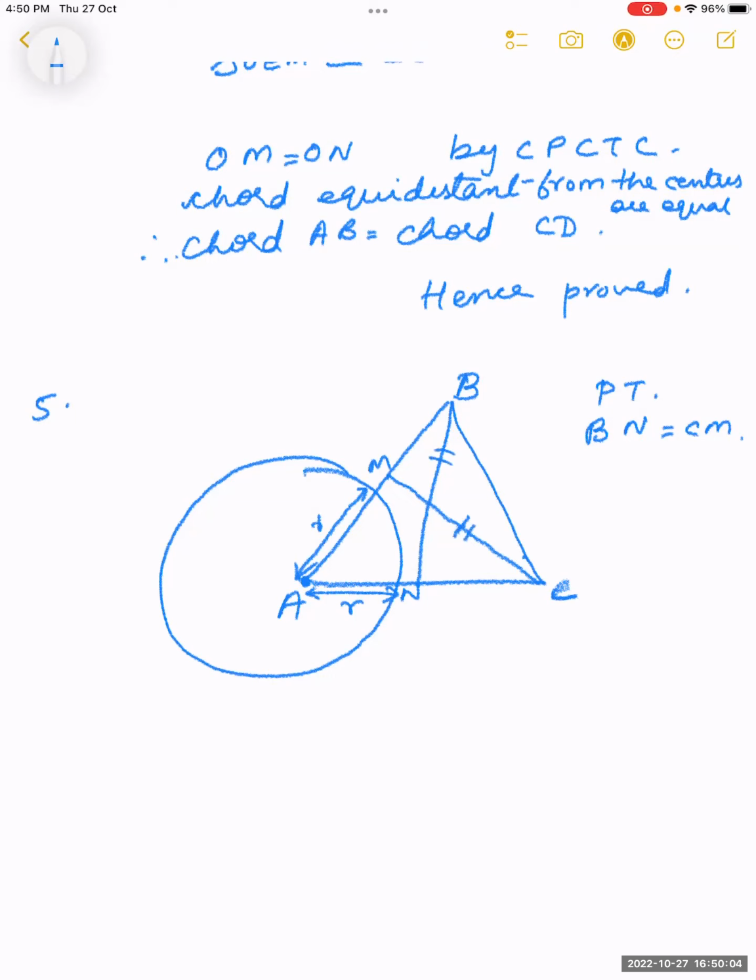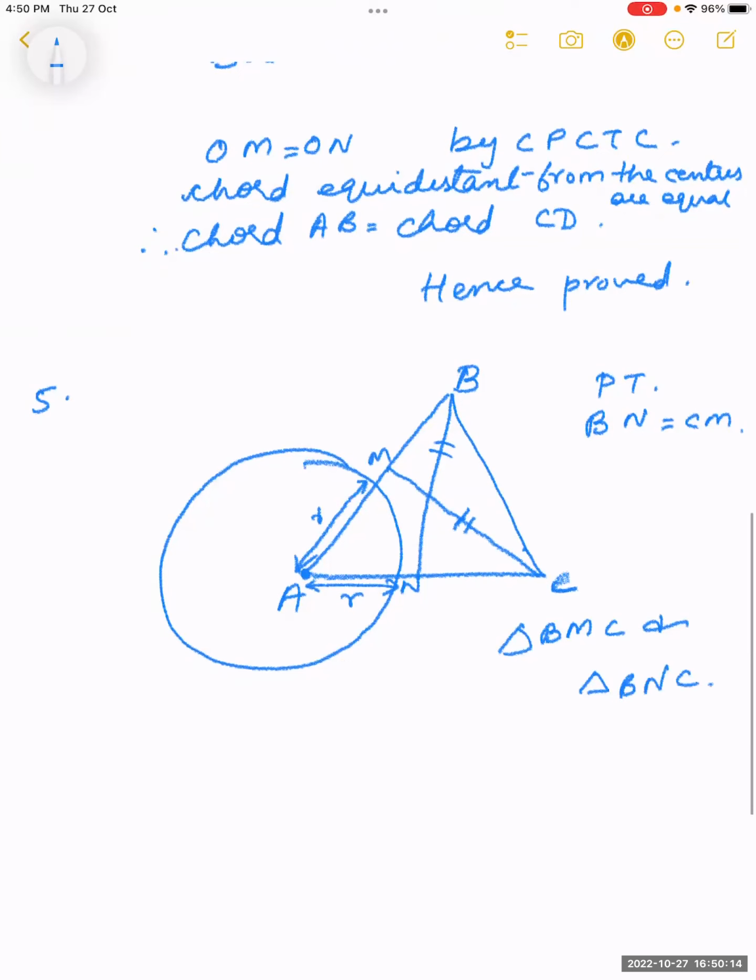So if you consider triangle BMC and triangle BNC, somehow if you show the congruency, you can say that BN and CM are equal. Okay, that's the idea. This is what we are going to do. But for that, what do we need to know? We need to know BM and CN.